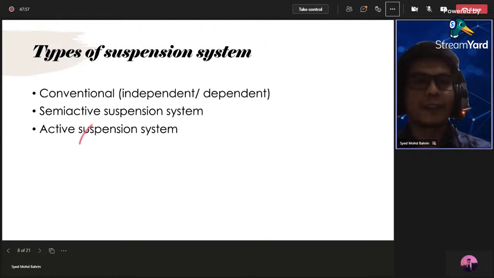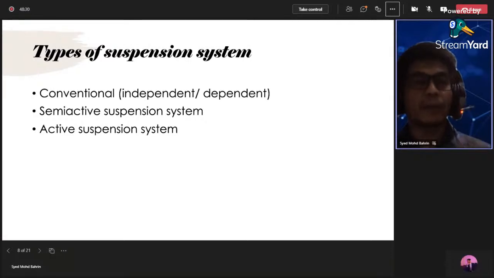For semi-active, since there is argument going on about the definition of semi-active and active, the one that I'm using here is that for semi-active, we still keep the conventional suspension system, meaning that the spring and shock absorber are still there, but on top of that, we introduce another actuator, for example hydraulic, pneumatic, electromechanical, or magnetic.